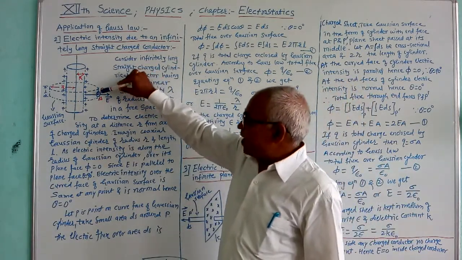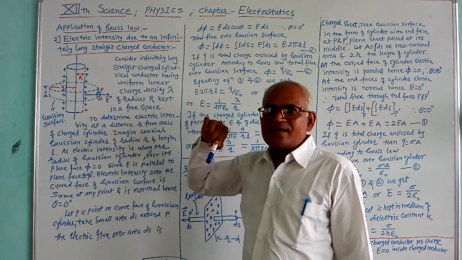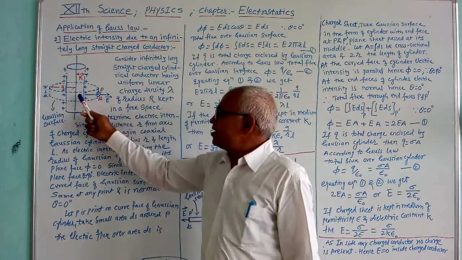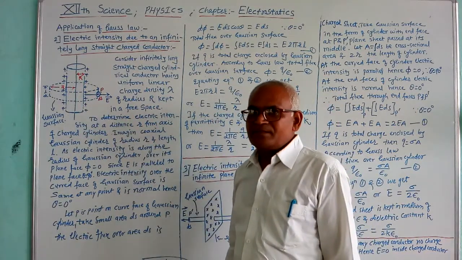Let us consider point P over the curved face of the Gaussian cylinder at a distance small r from the axis of the charged cylinder.